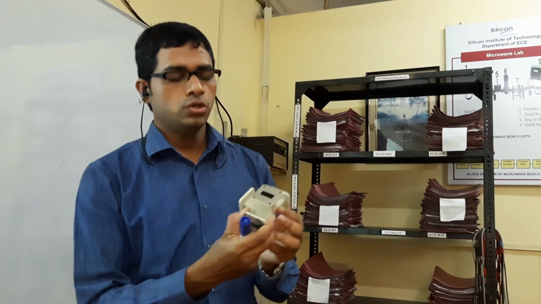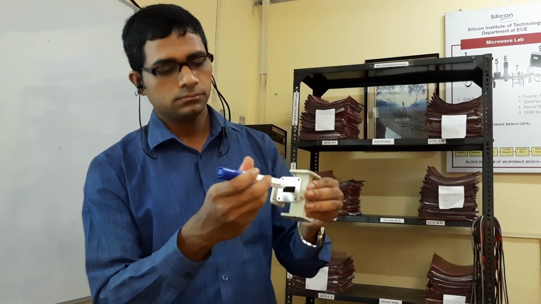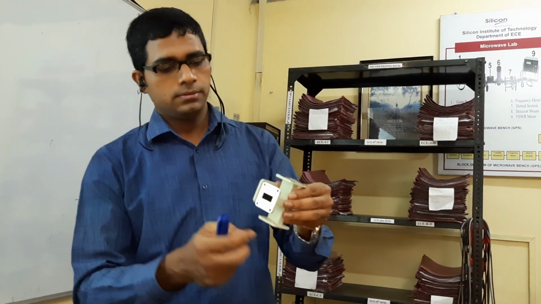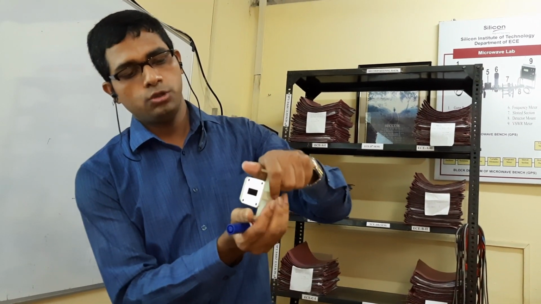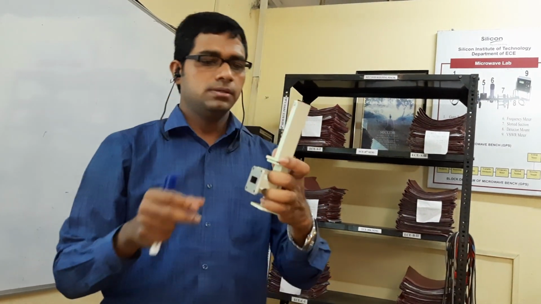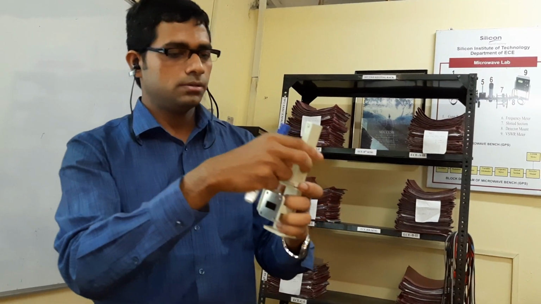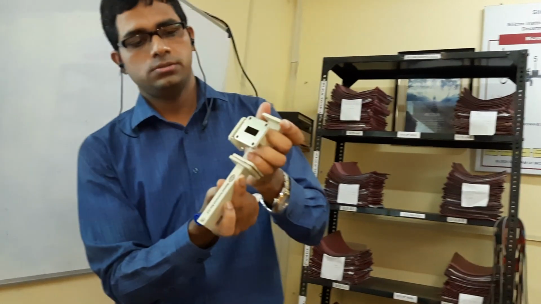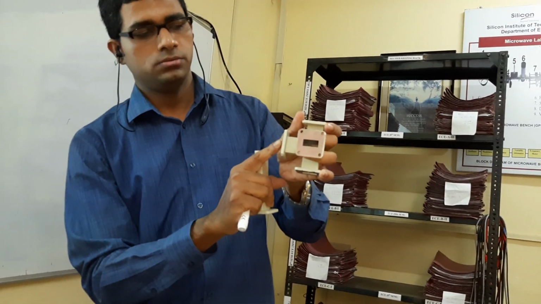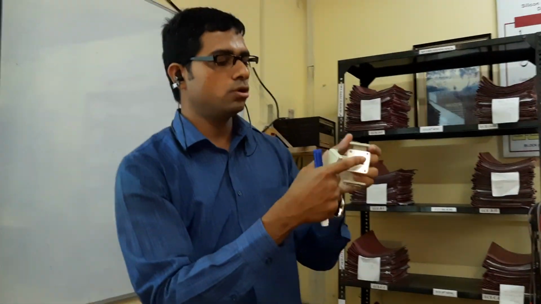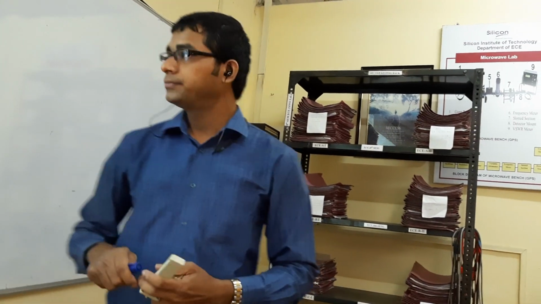So you give the power at 3, and 1 and 2 should be terminated with matched terminations. So 1 and 2 are closed, and you take the power at 4. Measure the power at 4. So I am giving the power at 3 and measuring the power at 4. So P3 minus P4 will give me the isolation.